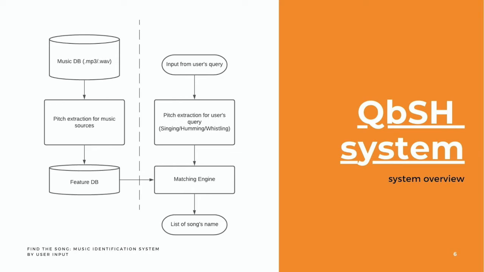When both the music database and the input from the user query come into the system, they have to be extracted from audio files into a list of fundamental frequencies by the pitch extraction process. After that, they will be sent to the matching engine process to find the closest song, sending out a list of song names.